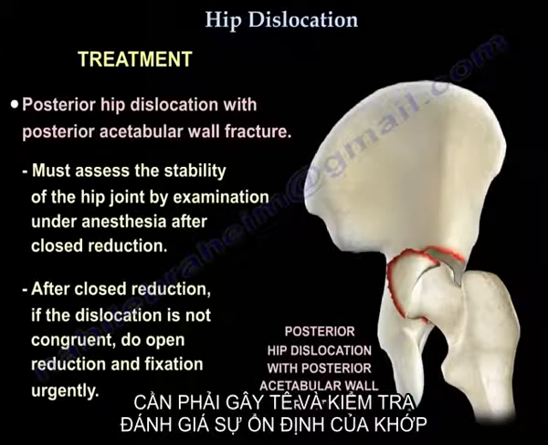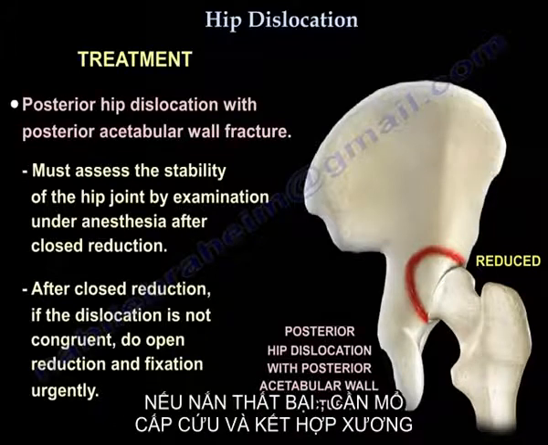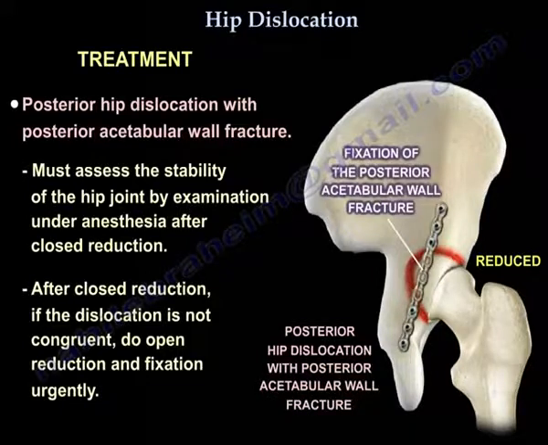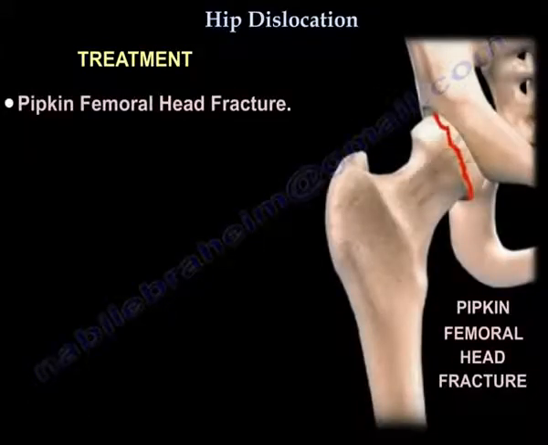You must assess the stability of the hip joint by examination under anesthesia after closed reduction. After closed reduction, if the dislocation is not congruent, do open reduction and fixation urgently. Here is an example of fixation of the acetabular fracture, and here is an example of fixation of the Pipkin femoral head fracture.